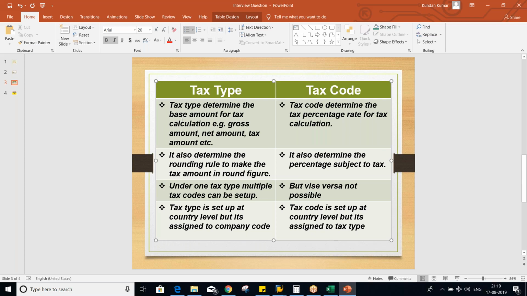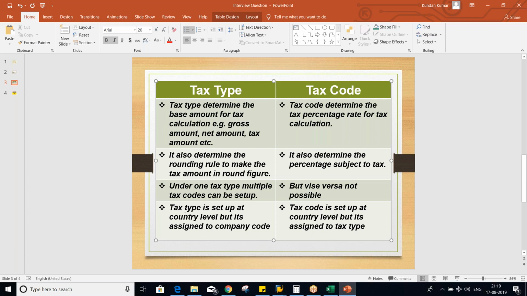Now the third one is, under one tax type multiple tax codes can be set up, right? Against one tax type we can set up multiple tax codes, but vice versa is not possible. Why is vice versa not possible? It means for one tax code we cannot set up multiple tax types.